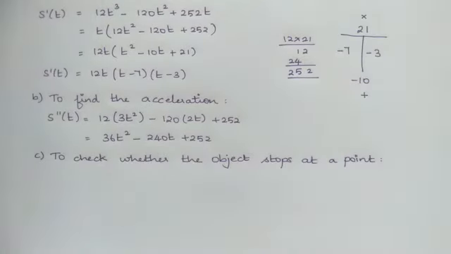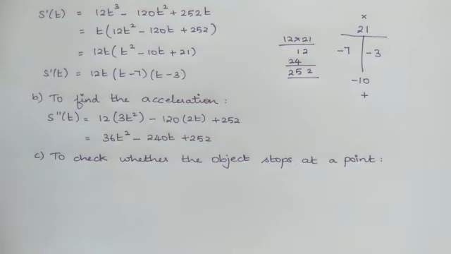In the last subdivision, we are going to check whether the object stops at a point. Just imagine when an object will stop at a point. Of course, when it is not moving, right? So when the object is not moving, it is definitely understood that the object is going to stop at a point.